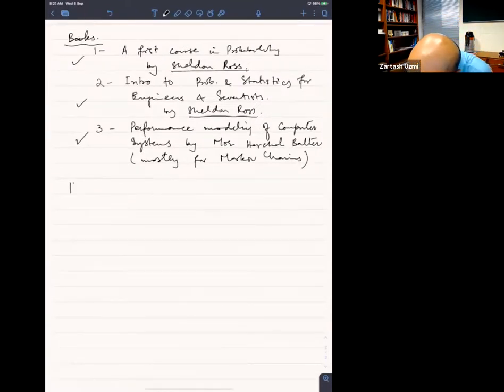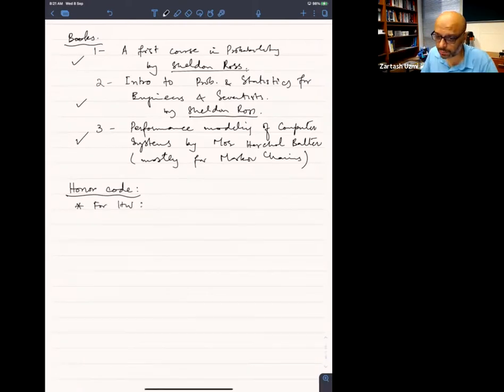We will use the honor code for this course and any other course that you take at LUMS. What that means is for homeworks, we allow collaboration. We encourage collaboration.